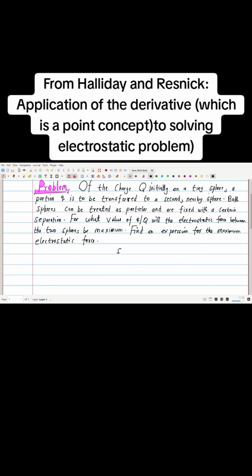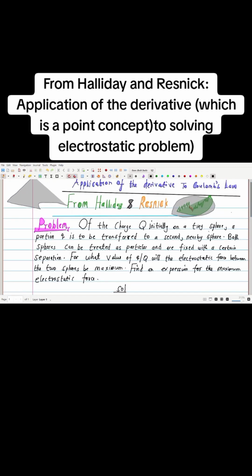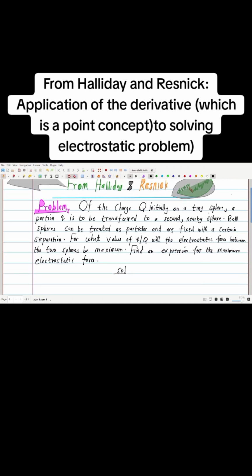So, solution. Now, it is very important to diagrammatize what is being talked about in the statement of the problem. We are given two spheres, and these spheres can be treated as particles. So we can draw out the spheres for clarity's sake. The first of the spheres can be this.